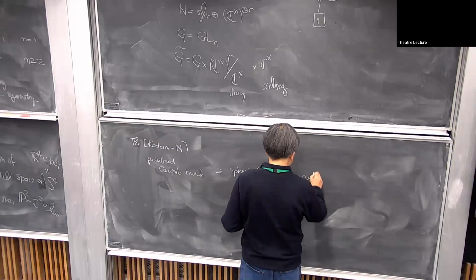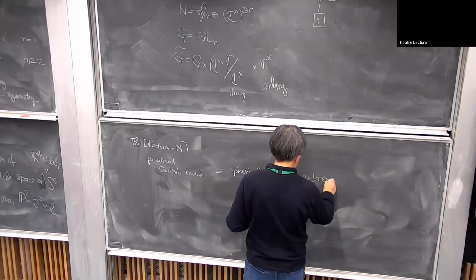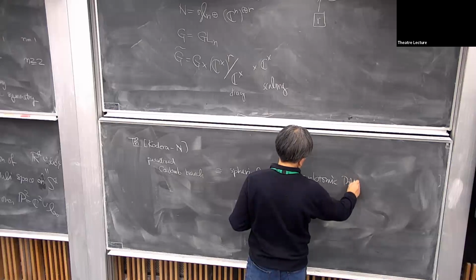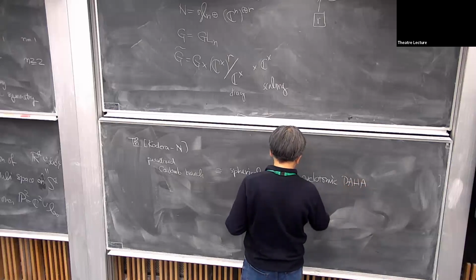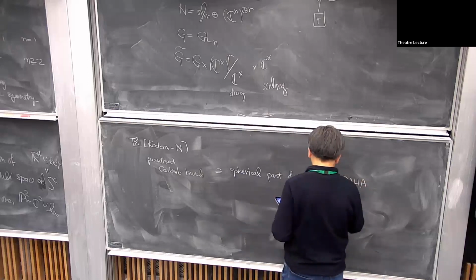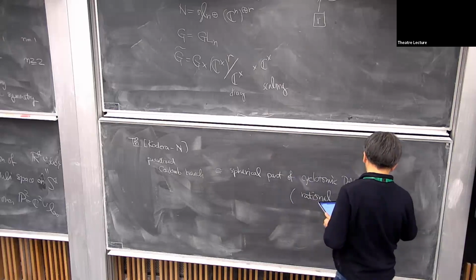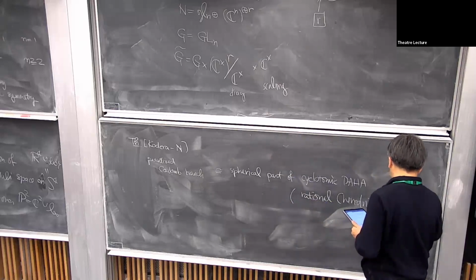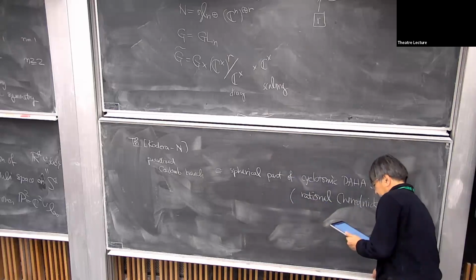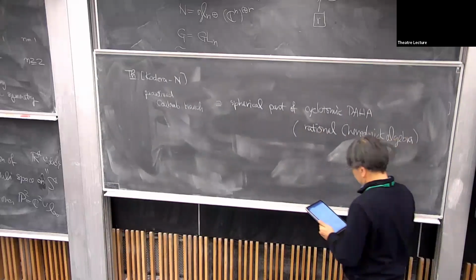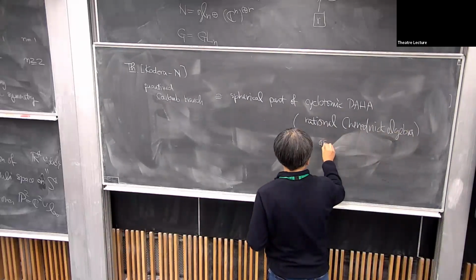Cyclotomic DAHA, or rational Cherednik algebra, associated to this product.